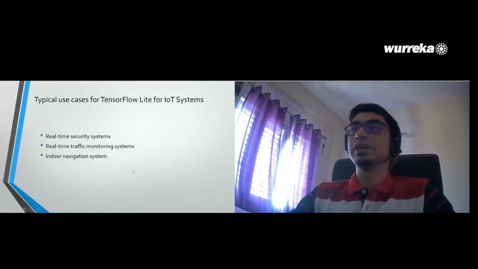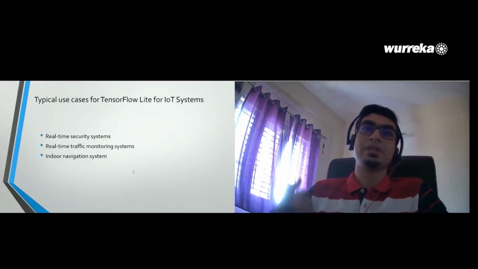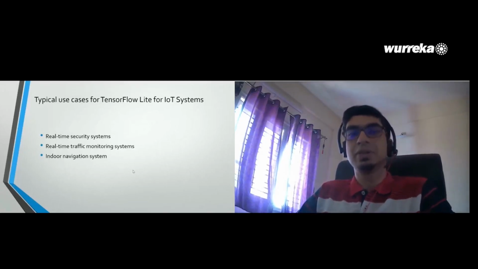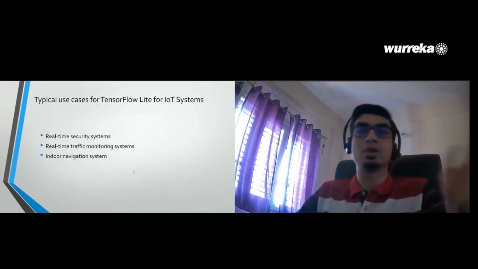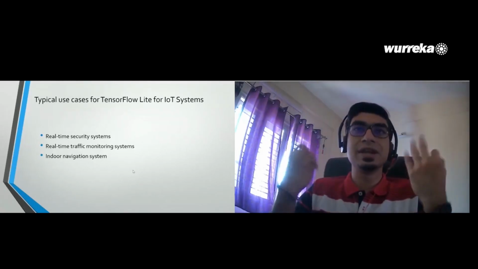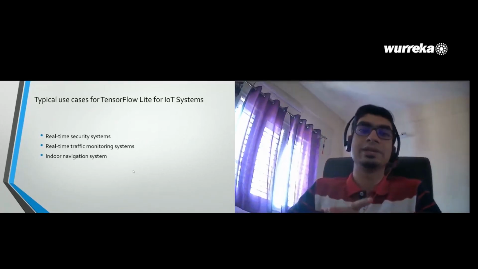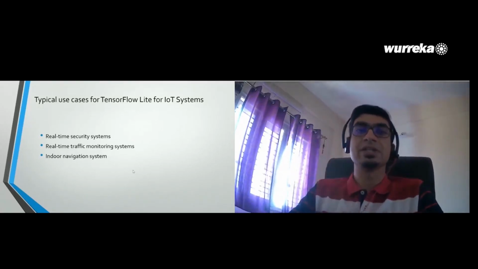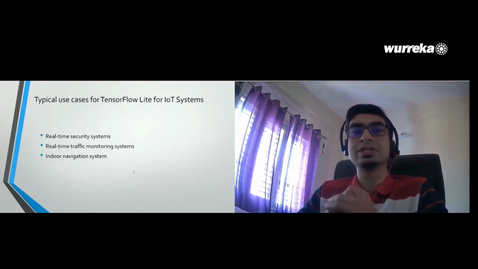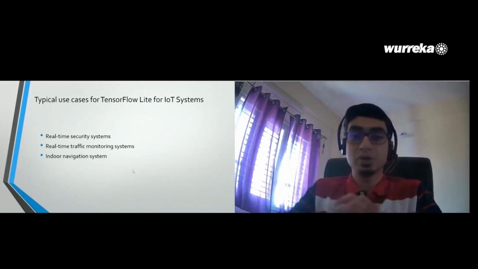Okay. Typical use cases of TensorFlow Lite for IoT systems, as I said: whenever there is a real-time problem, TensorFlow Lite can be used quite efficiently. But the only thing is the model training needs to happen offline so that only the deployment happens on the real-time system. So for let's say real-time security camera systems where we want to do something like real-time person recognition, or threat detection using the cameras, these things can be done quite efficiently using TensorFlow Lite, or even in traffic monitoring use cases.